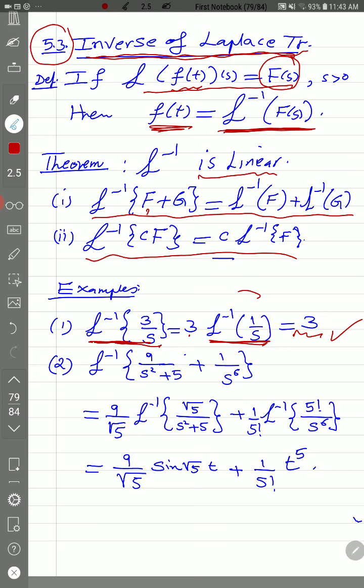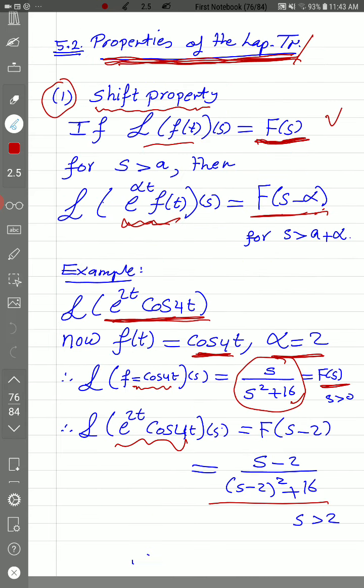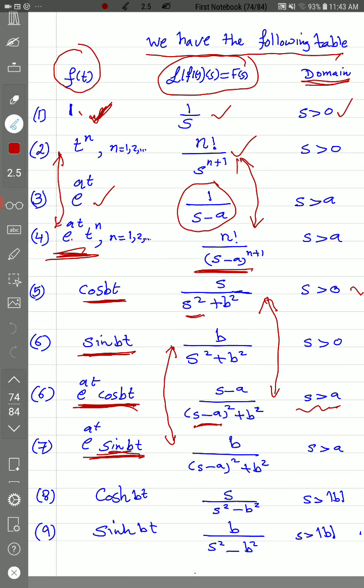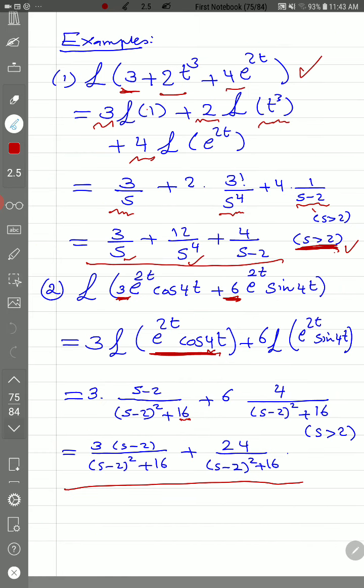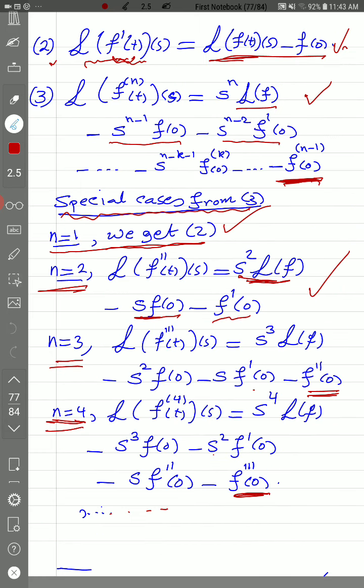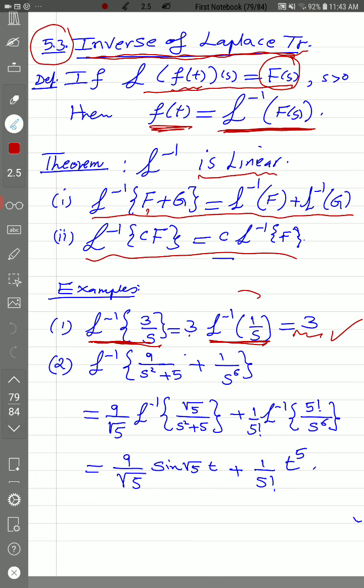And if you carry on like that, if I go to the table, I just want to show you what we are doing. I am giving you the second column of the table here, and I want the first column of the table itself. So this is what happens in the inverse. Now here I gave you the function F of s, and I want to find the inverse.